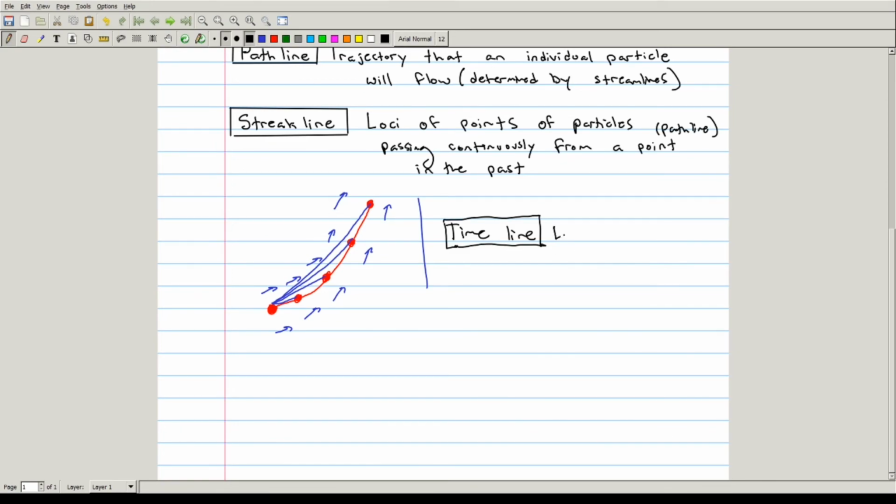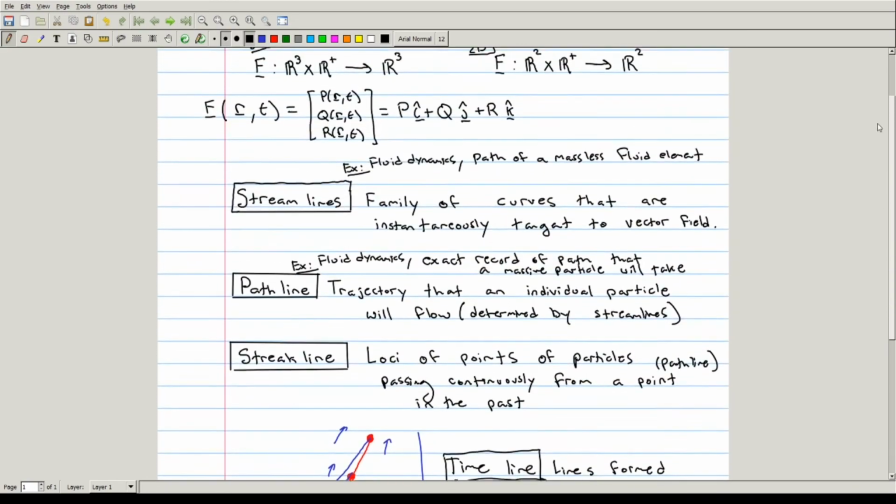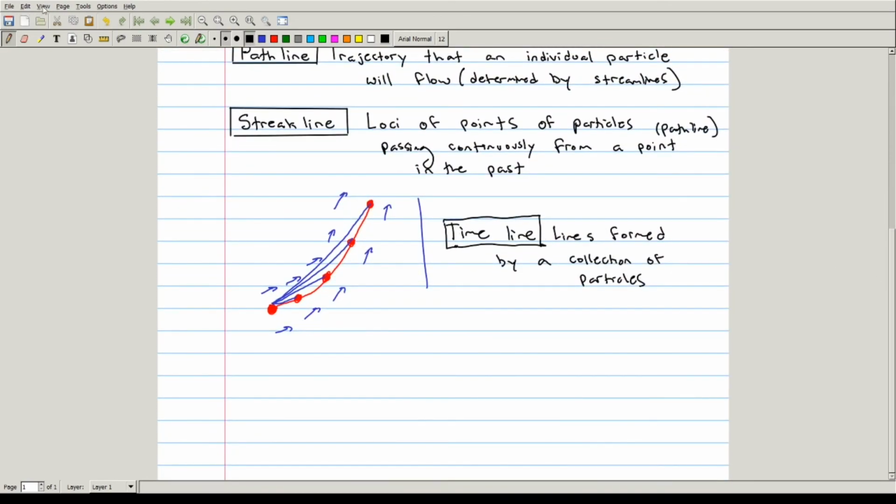These are the lines formed by a collection of particles. And you also might, in literature, see things known as the dye line, which could refer to either a streak line or a timeline, depending on the context. But the idea here is that the most complicated type of flow is flow that depends on time.